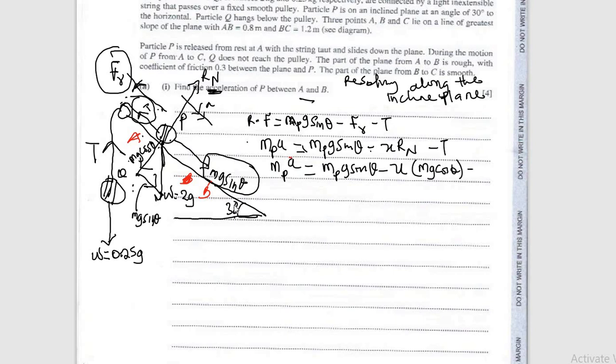Make T the subject of the formula, and you're going to have T equals mP g sin theta minus coefficient of friction times mP g cos theta minus mP a. This is equation 1.